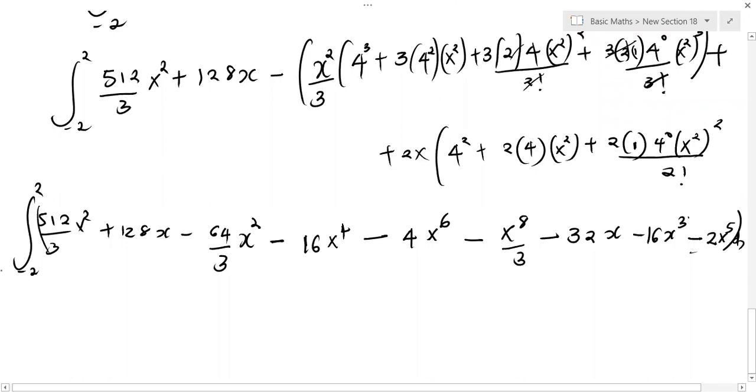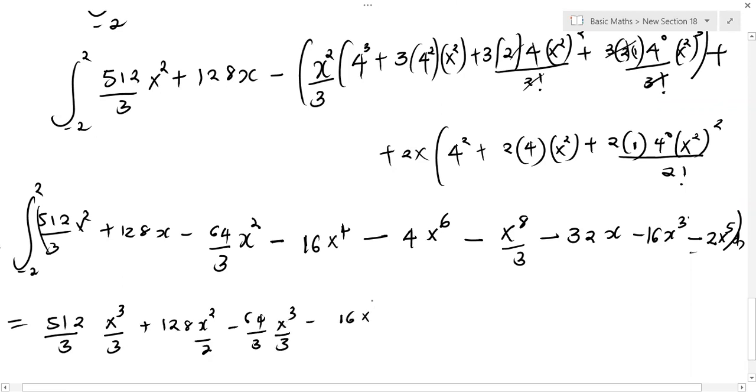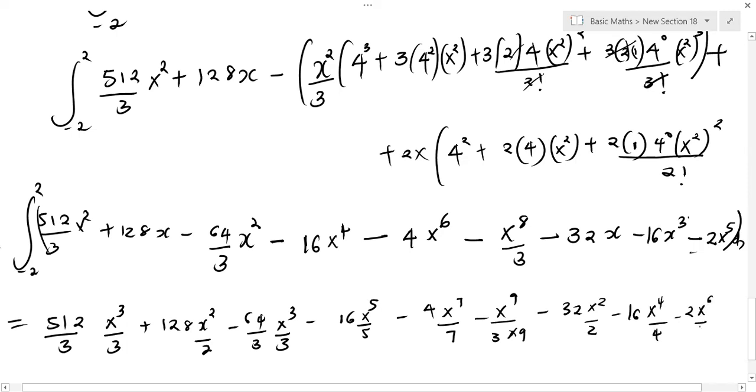Integrating that function, we start with 512x, so that's going to be 512 over 3, x raised to power 3 over 3, plus 128x squared over 2, minus 64 over 3 x cubed over 3, minus 16x to power 5 over 5, minus 4x to power 7 over 7, minus x to power 9 over 3 times 9, minus 32x squared over 2, minus 16x to power 4 over 4, minus 2x to power 6 over 6.